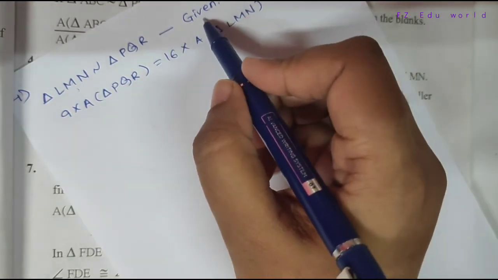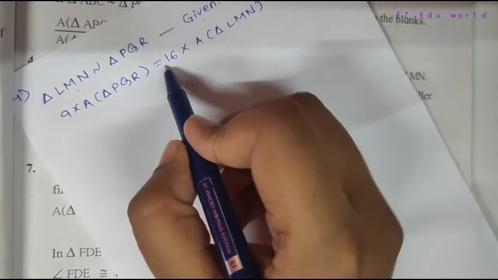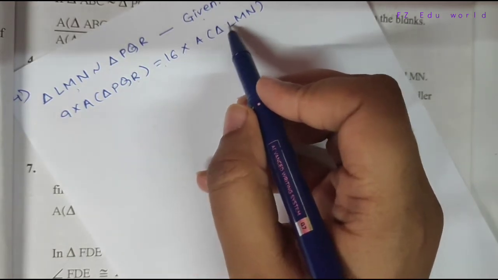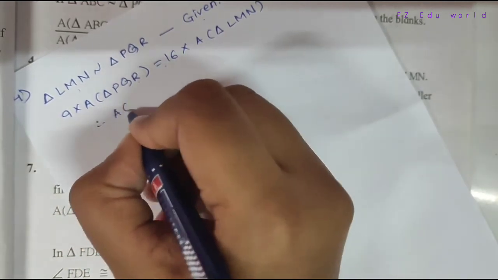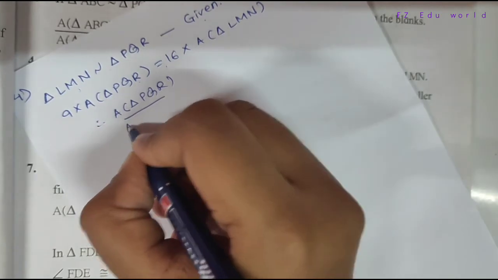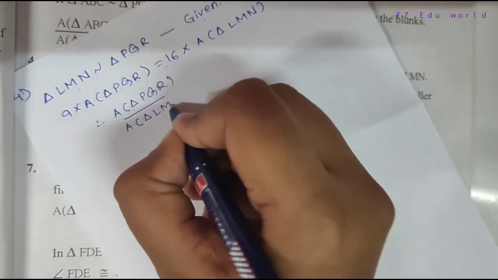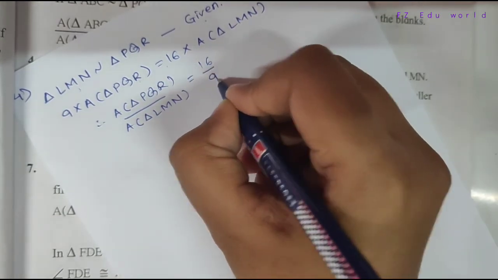It is given to us. And 9 into area of triangle PQR is equal to 16 into area of triangle LMN. Therefore, area of triangle PQR upon area of triangle LMN is equal to 16 upon 9.